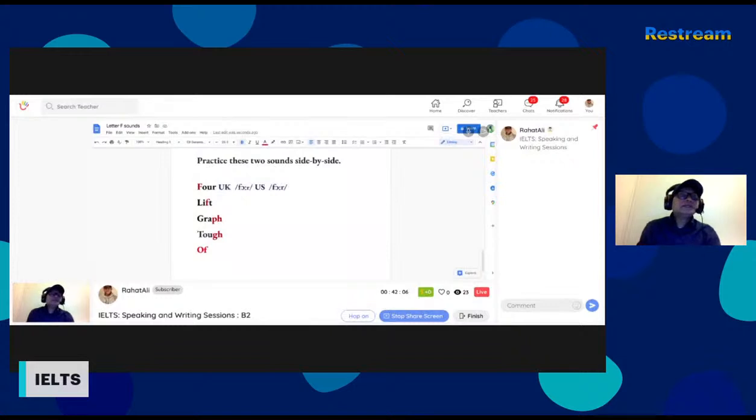Fur, you see, they have to pronounce the R. So the IPA says. So next word is lift. Lift could be a verb or it could be a noun.